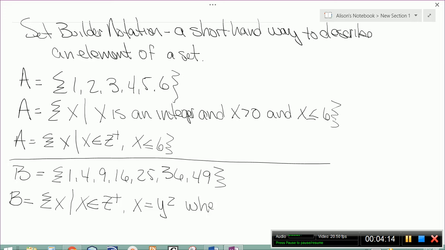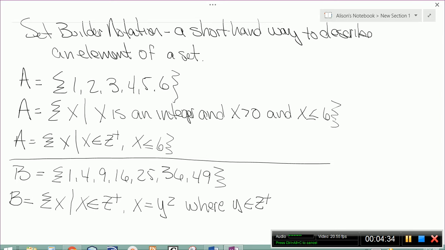And so I'm going to say where. Well, first of all, I can see that the smallest value of Y to be squared is going to be 1 squared, which means that it's not going to be 0 and it's not going to be a negative number. So I'm going to say where Y is an element in Z plus. This is one way that I can say that Y cannot be 0 and it cannot be negative.